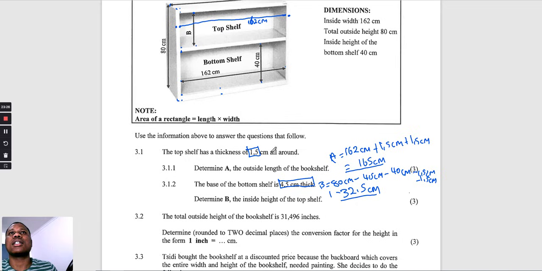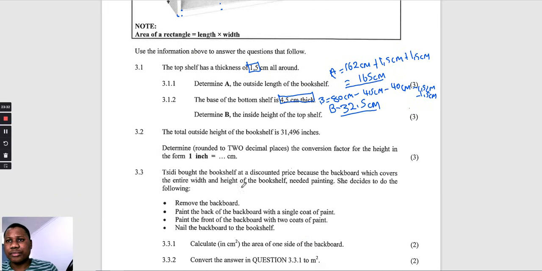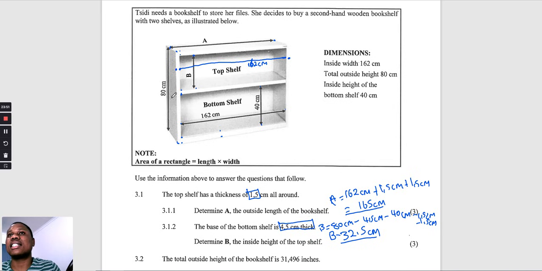Right, let's move to the next question. They say the total outside height of the bookshelf is 80 centimeters.